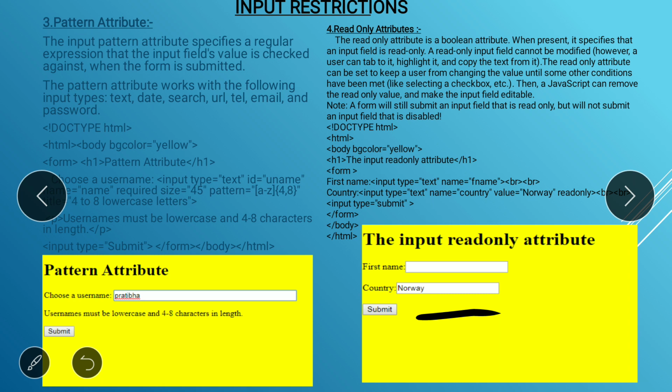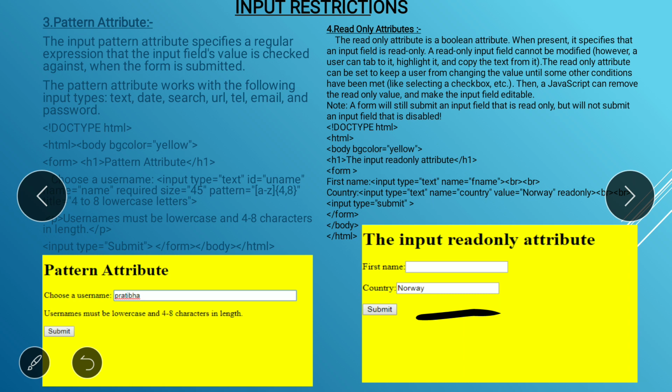The read only attribute can be set to keep a user from changing the value until some other conditions have been met. Like disabled, the same rules are followed by the read only attribute. If you have to change that read only attribute, that time we use JavaScript.